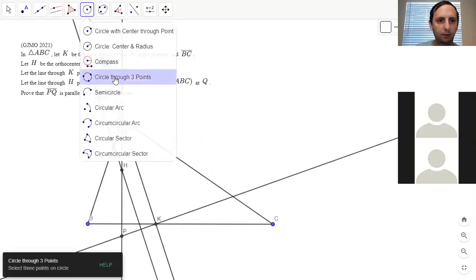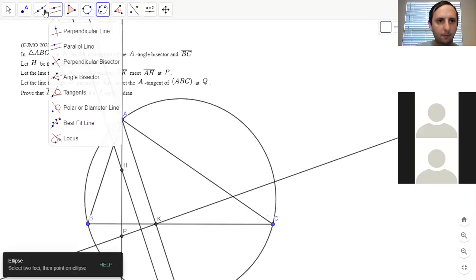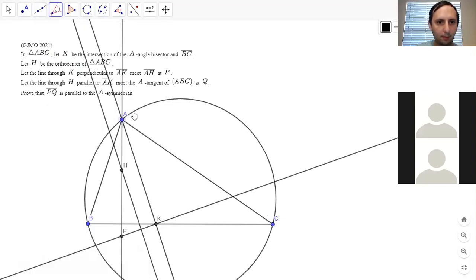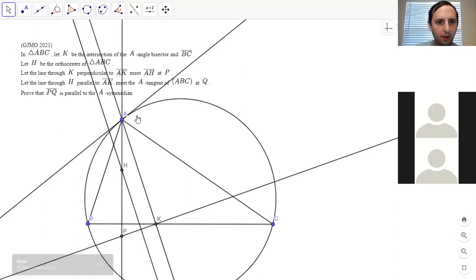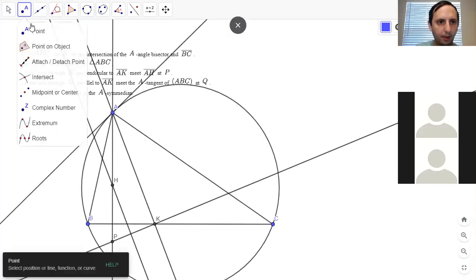So we want to draw the circumcircle of ABC, and we want to draw the tangent at A. And it meets this line at a point Q. And we want to show that PQ is parallel to the A median.